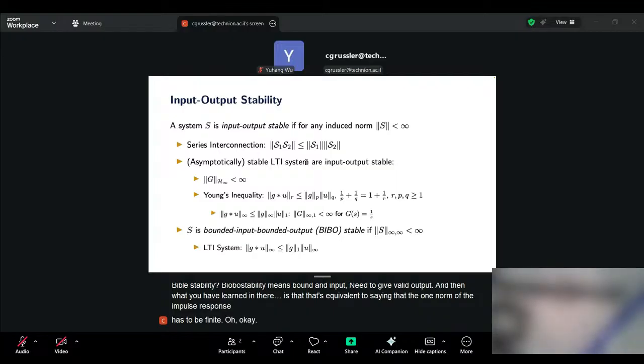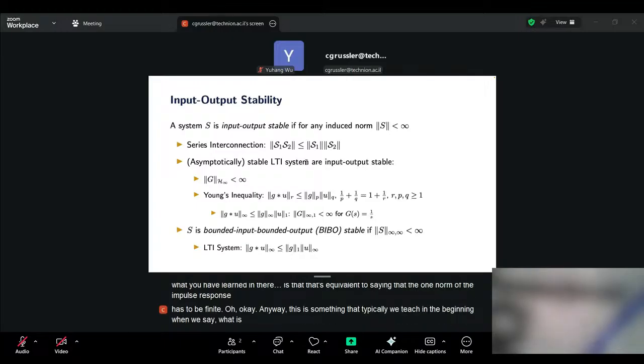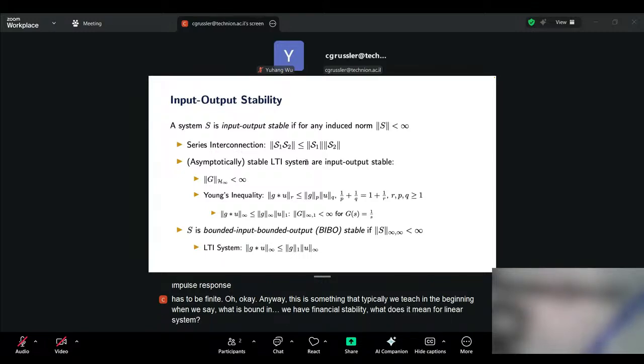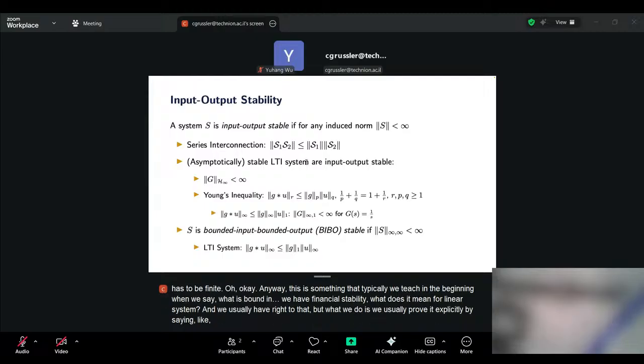Anyway, this is something that typically we teach in the beginning when we say what is BIBO stability, what does it mean for a linear system. We usually prove it explicitly by saying this is an upper bound, this is a lower bound, and you get this. But Young's inequality is a one shot, right? It's just there already.